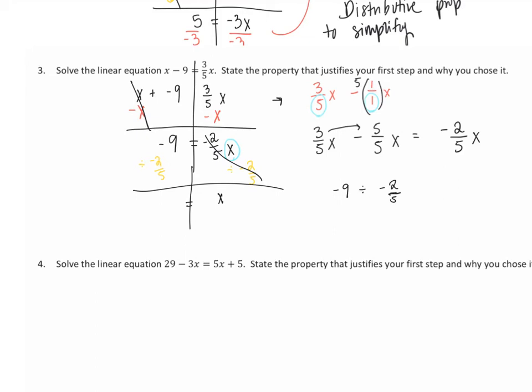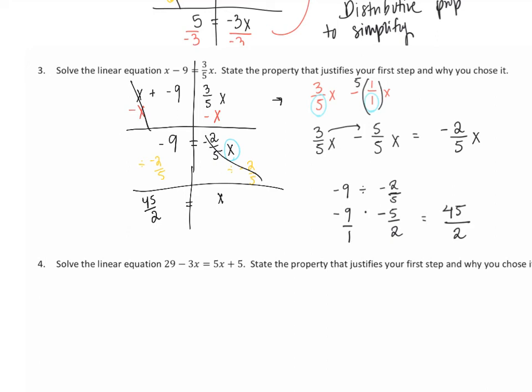I'm going to have to do keep, change, flip, because I'm dividing fractions. Keep, change, flip. And then I'm just going to multiply straight across. -9 times -5. Negative times a negative is a positive. This becomes positive 45. And then on the bottom, 1 times 2, 2. So 45/2 is my answer, equals x.